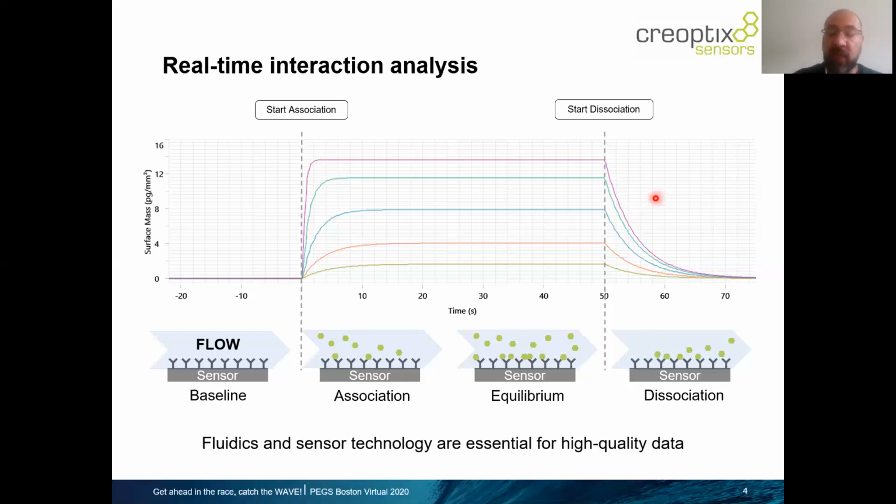Of course, there are two ways of deriving your affinity: either by plotting the response versus concentration and getting your affinity from the response at equilibrium, or, more importantly, getting your affinity from kinetics, which is the ratio between the off rate and the on rate.